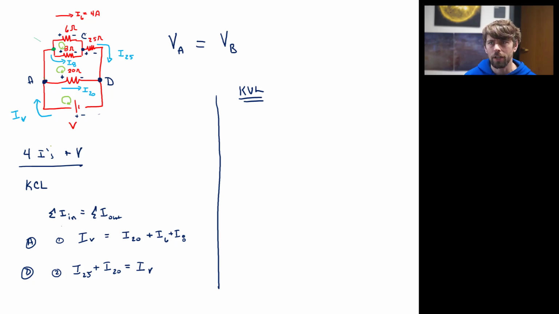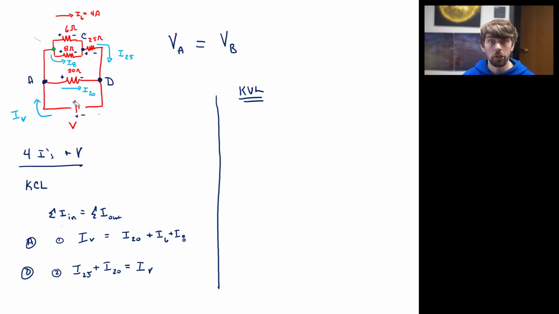And then I have some other combinations, like the loop containing the 20 ohm resistor, the 6 ohm resistor, and the 25 ohm resistor. Or you could think of the loop with the 20 ohm resistor, the 8 ohm resistor, the 25 ohm resistor, like that. Or you could do the bottom battery and so on. So there's probably 6 or 8 different loops here.